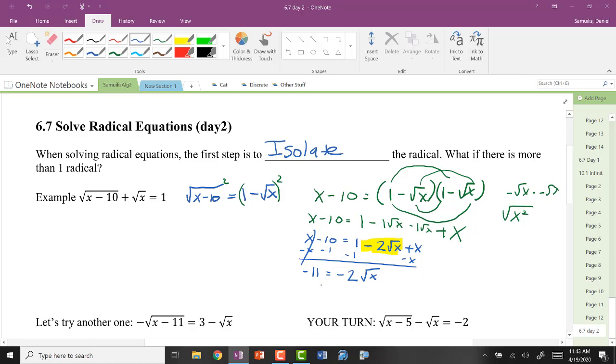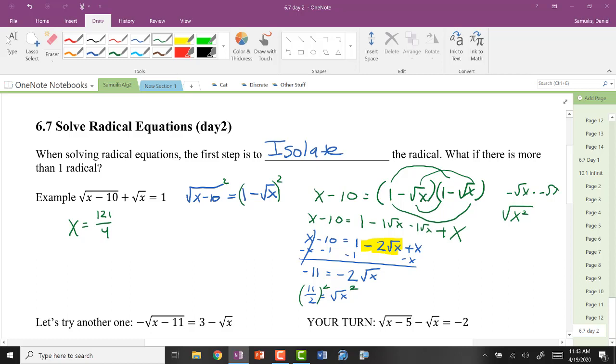I need to divide by negative 2. So negative 11 divided by negative 2 is 11 halves equals the square root of x. And now I square both sides, square this, square this. So that gives me x equals 121 over 4.